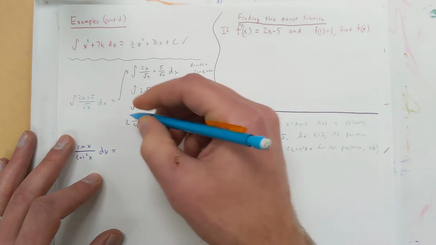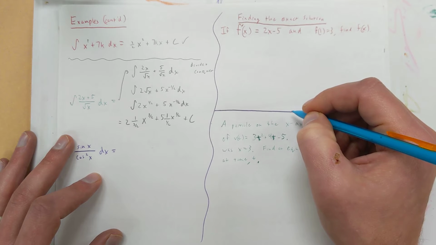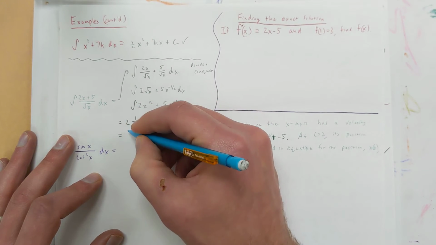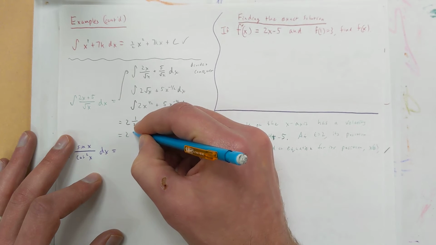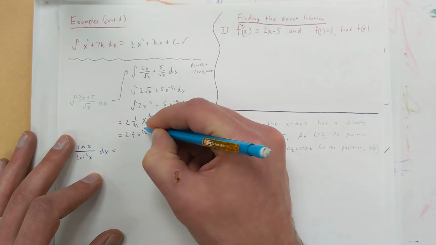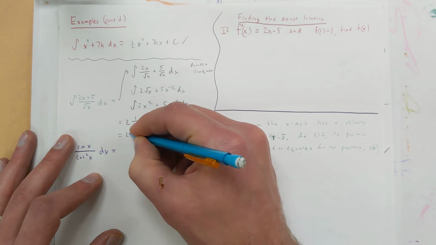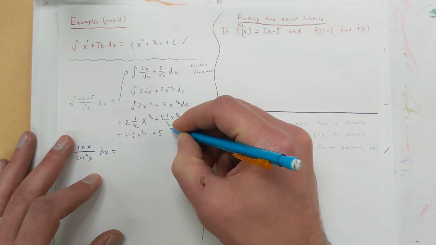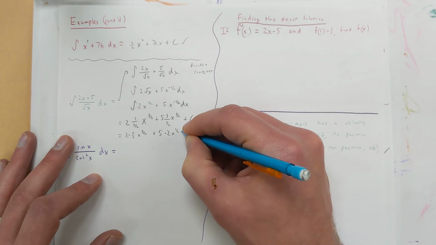Now, you can leave it just like this if you want to, but I don't want to. I'm going to live dangerously. This is really 2 times 2/3 x to the 3/2, plus 5 times 2x to the 1/2 plus c.